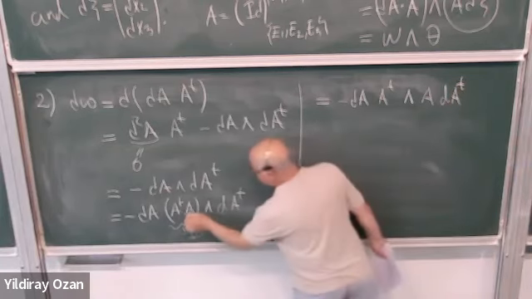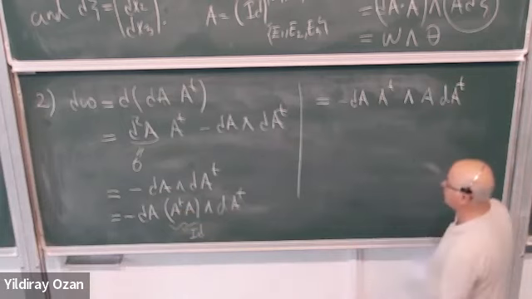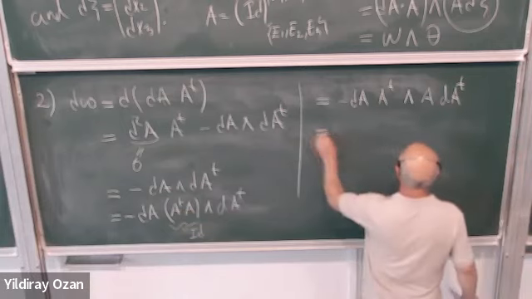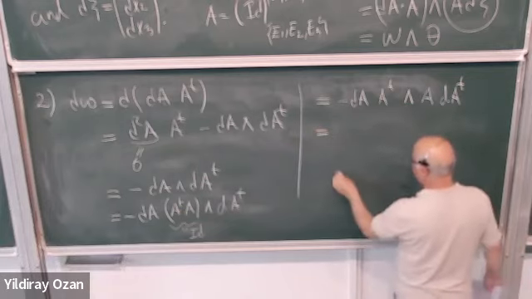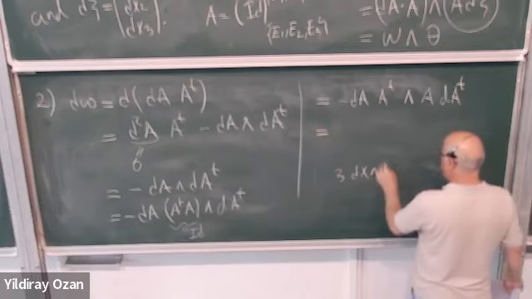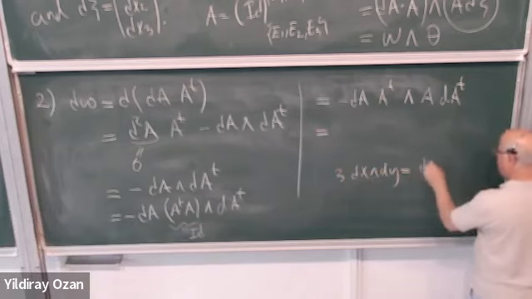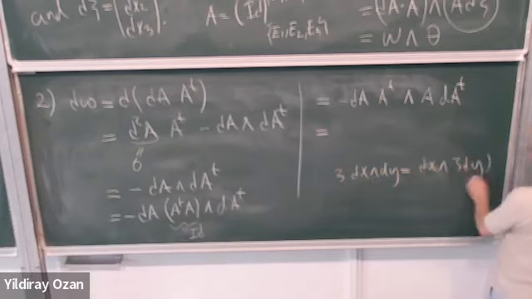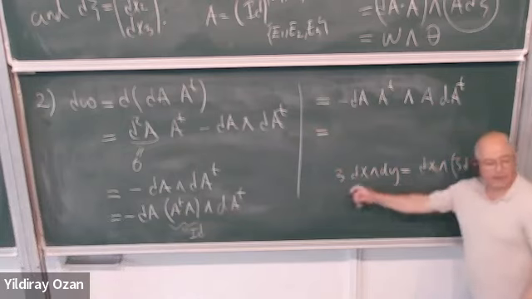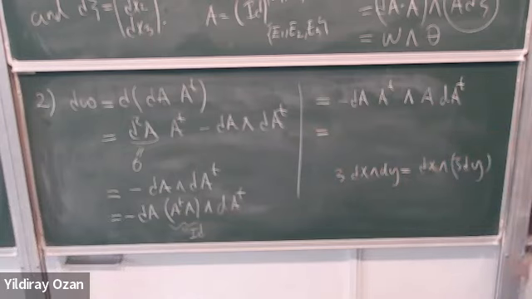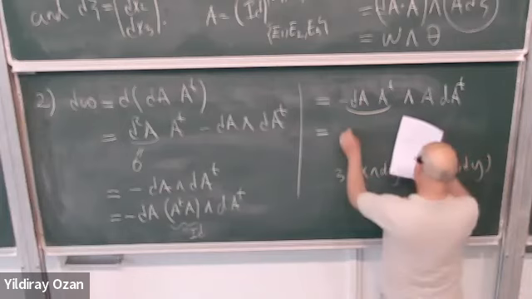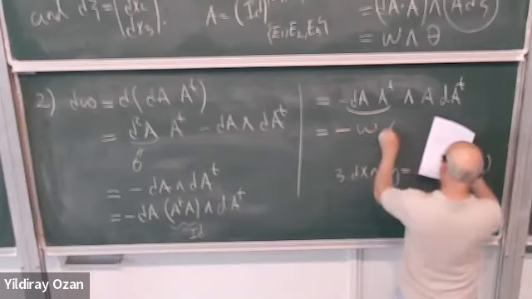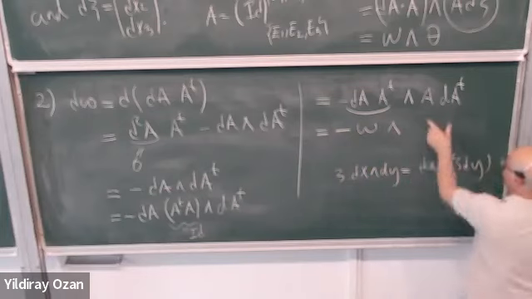Because these are scalar functions, I can separate them. No problem. It is like writing 3dx dy as dx wedge 3dy. Scalars can go freely over the wedge sign. But what is this? This is just W. Well, minus W wedge, what is this?